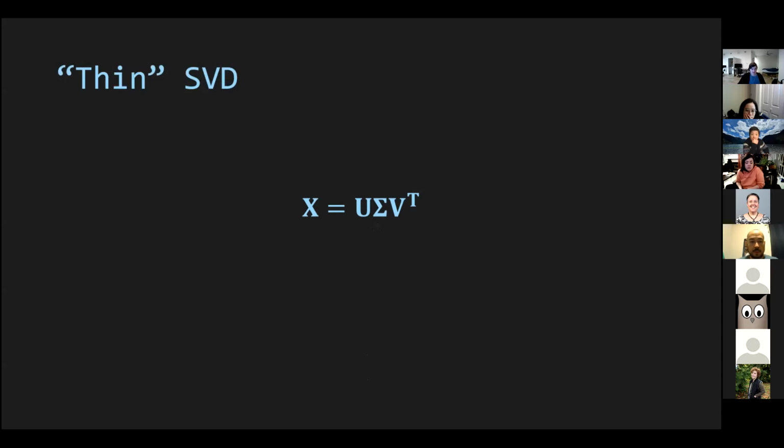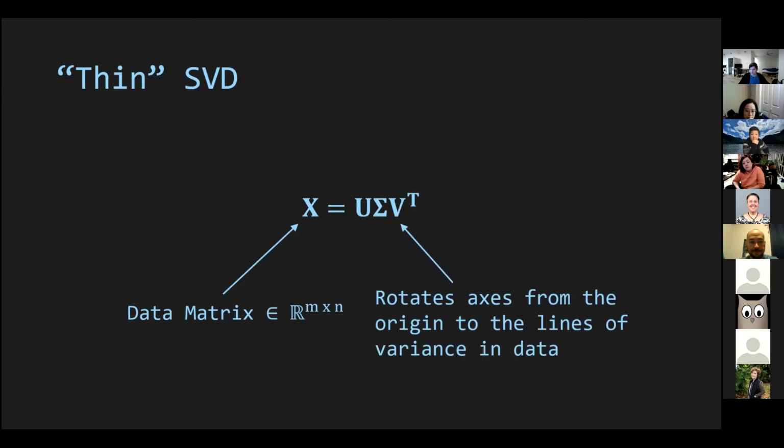As for the thin SVD, that's a bit more relevant here because we don't need to care about having a square matrix. We can have a different number of columns and rows. We can think of V as rotating the axes from the origin to the lines of variance in the data.